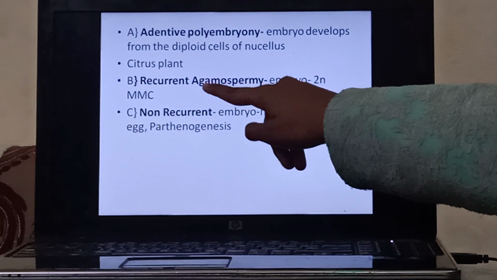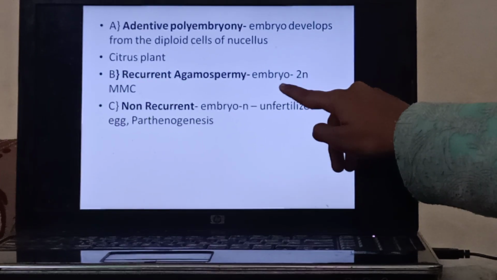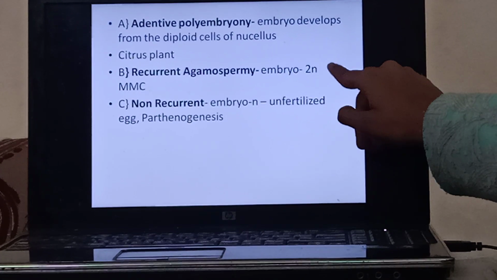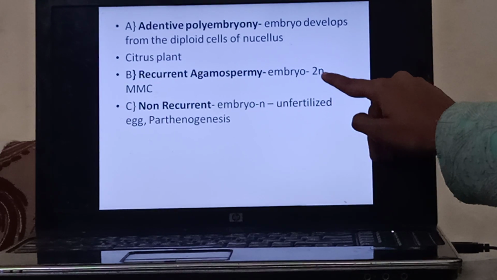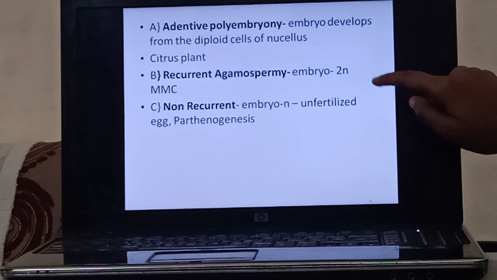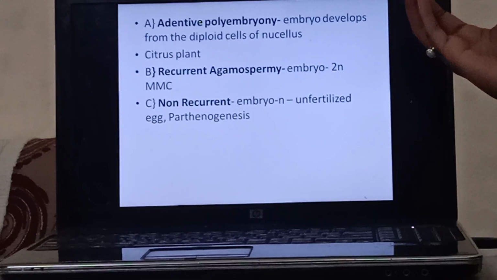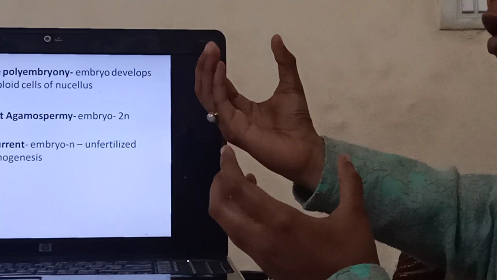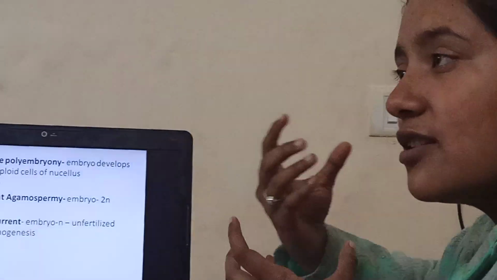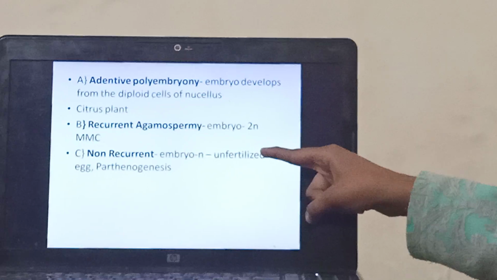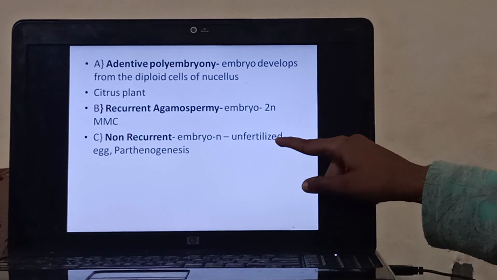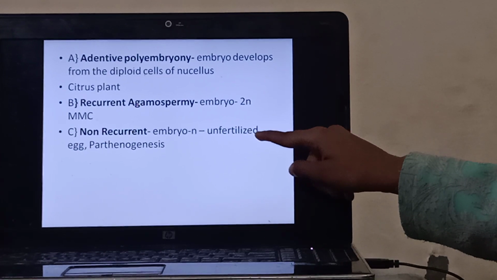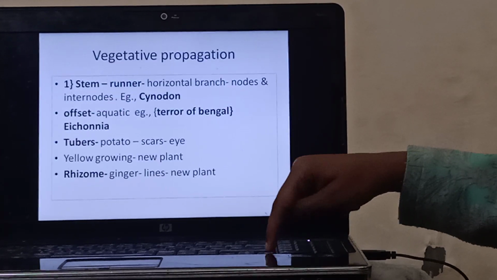Next, recurrent agamospermy, in which the embryo is diploid, means 2n, developing from the megaspore mother cell. In the ovule, each cell develops from the megaspore mother cell. Next, non-recurrent, in which the embryo is haploid, developing from an unfertilized egg. It is known as parthenogenesis.